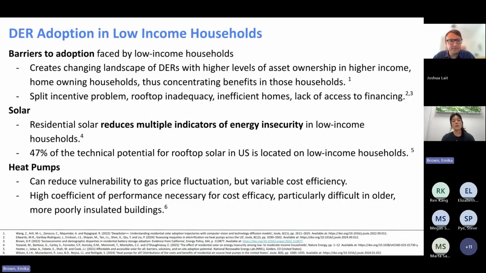Heat pumps can reduce vulnerability to gas price fluctuations, especially in gas or propane heated homes. But there's variability in the cost efficacy of that technology. Historically, a high coefficient of performance was needed for heat pumps to be cost effective in a lot of US households, which is particularly difficult to achieve with older and more poorly insulated buildings.